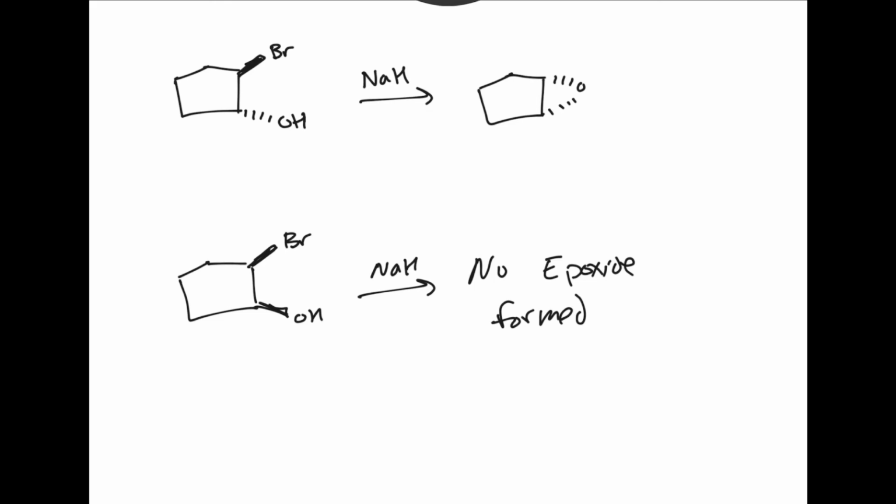Something else might happen. I might do an elimination. I might make another kind of ether, but I'm not going to be able to make the epoxide because it can never get on opposite sides of each other. Fair?